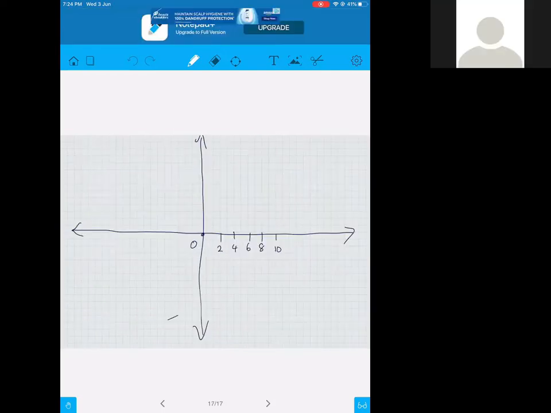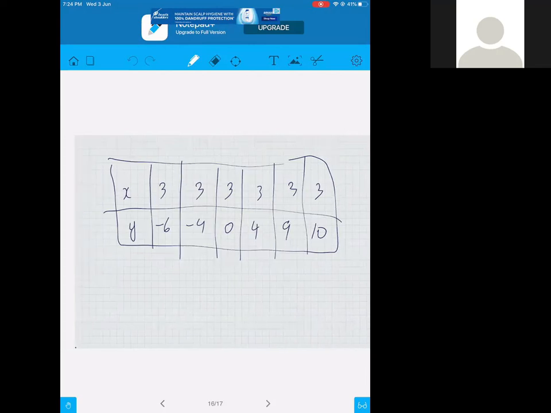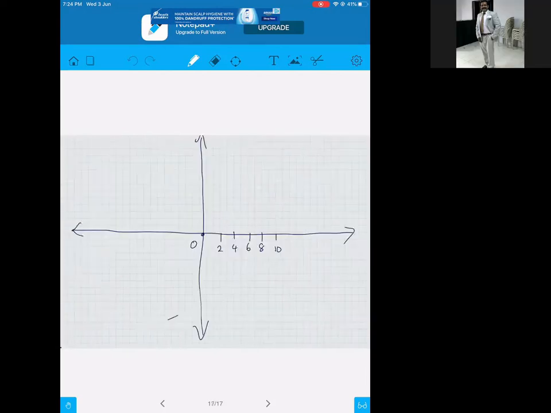Are we using the same values from the table? Yeah, I'm using the same values. But sir, if the middle number is 0, suppose there's minus 4, then 4 positive? The thing is that I'm basically dividing the grids. So each division is 2.